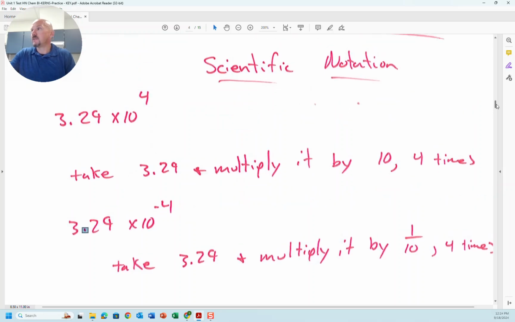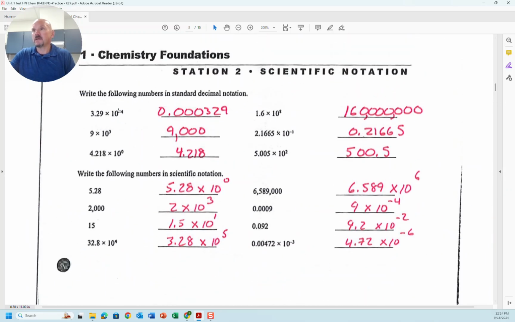So let's see how we did on the answer key. Okay? And another thing, if you have something in scientific notation that's a negative exponent, that means that number is less than 1. So if you put it in standard notation, if it has a negative exponent, it's going to be point something. Okay? If it has a positive exponent, that means that number is greater than 1. Okay?